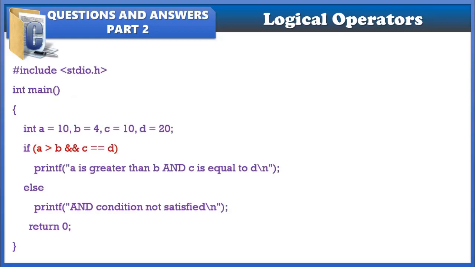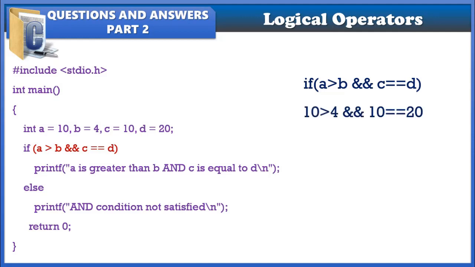So to understand the concept of logical operators, let's take one example. Here in this example, I have taken 4 variables: A equal to 10, B equal to 4, C equal to 10 and D equal to 20. We are checking one condition here: A greater than B, logical AND C equal to D. If we apply the values in this condition, it becomes 10 greater than 4, logical AND 10 equal to 20.